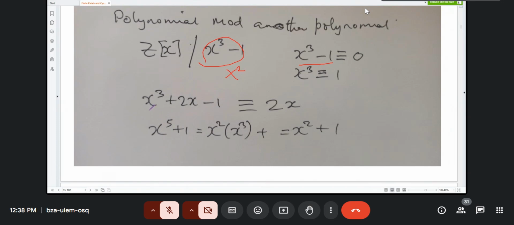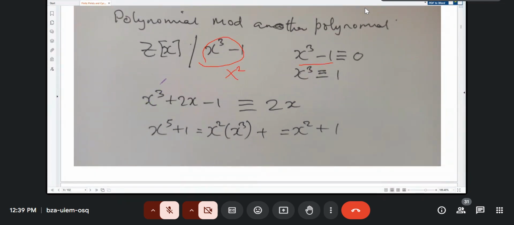So like this, x to the power of 3 plus 2x minus 1, if you are dealing with mod x to the 3 minus 1, is simply equivalent to 2x, because this x to the 3 is equal to 1.